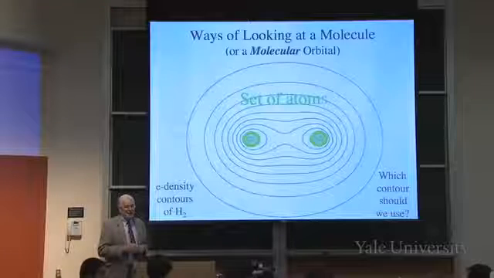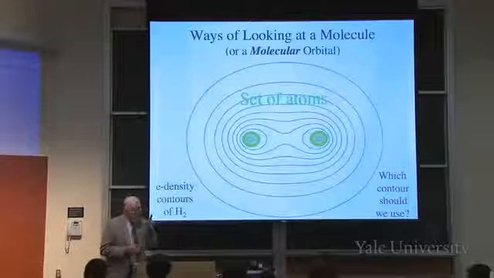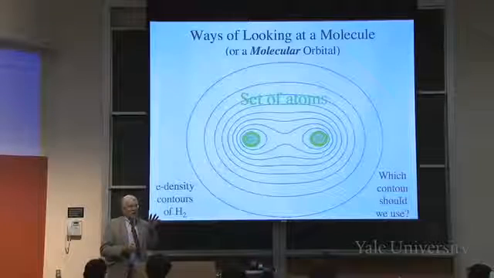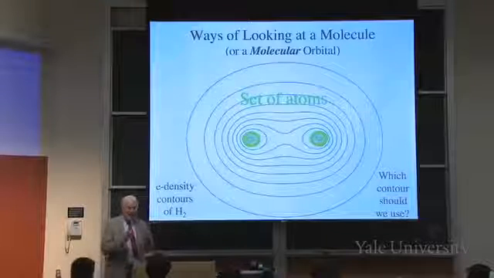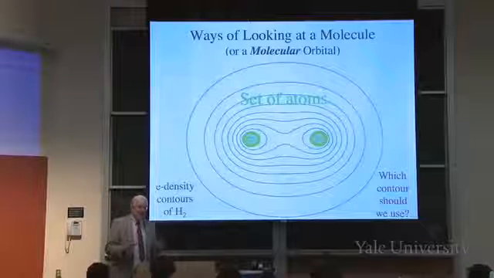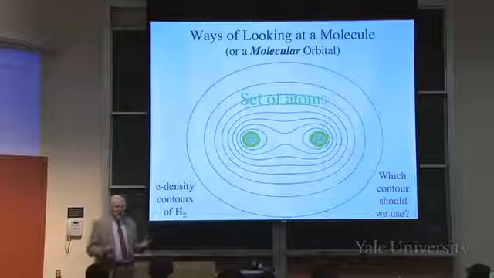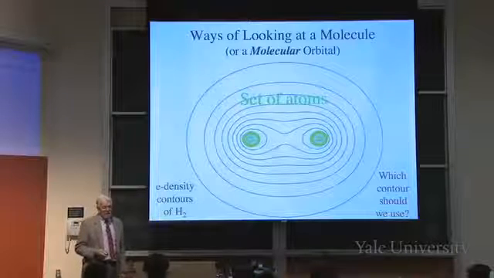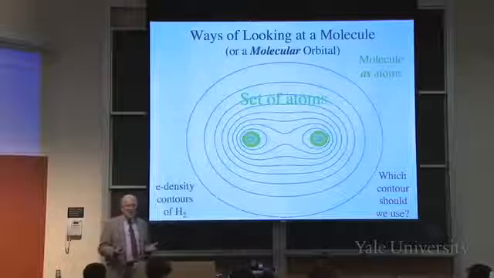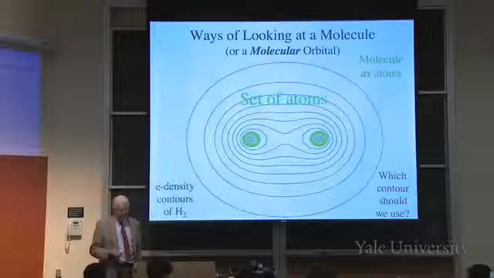Difference density. Yeah, we looked at total electron density. It just looked like atoms. We had to do the difference in order to see that it was not just atoms. So if you look at high density, you see just a set of atoms. No excitement there. So that's the molecule as a set of atoms.